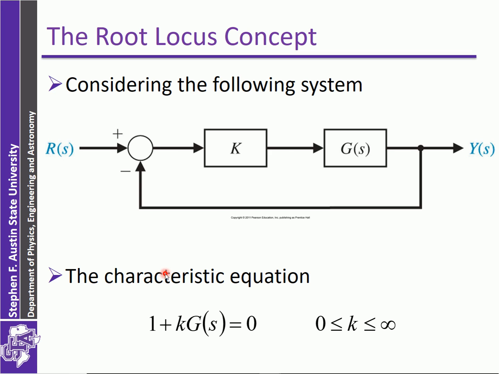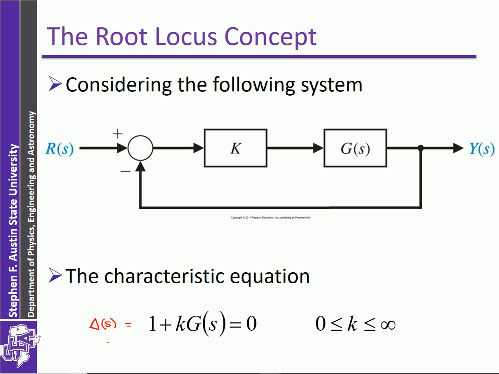So consider a system like this. We have here the input R(s) and the output Y(s). Here we have a constant K and the system G(s). The characteristic equation of our system, if we use Mason's rule, is going to be equal to, if you remember, this. These terms become our delta(s), which is our characteristic function.